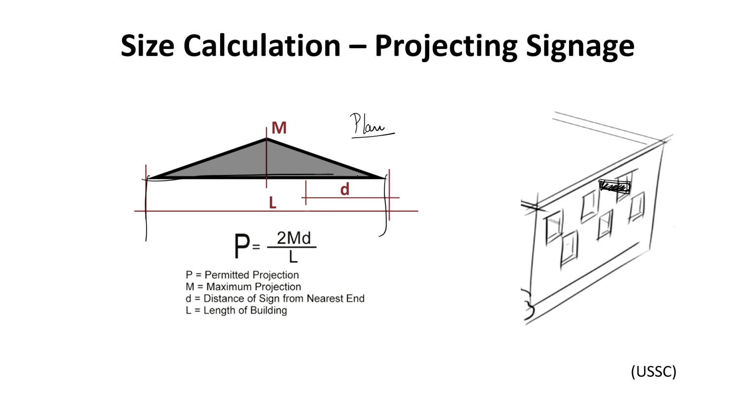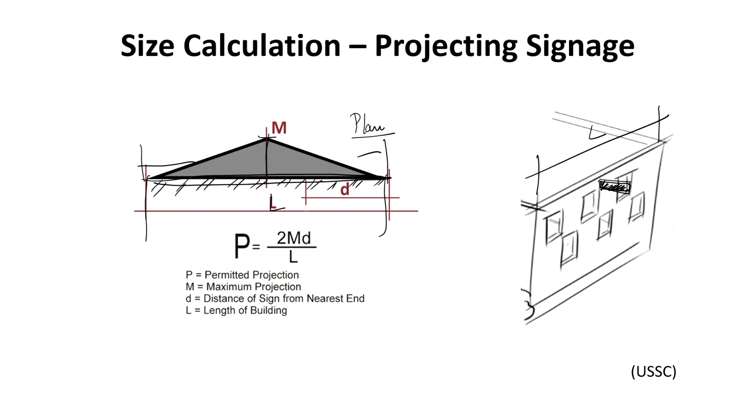This is the building wall, and this is L, the length of the building, where M is the permissible or maximum projection you can put in.